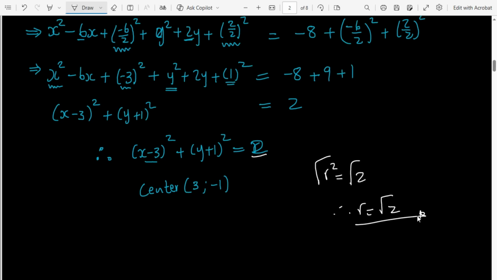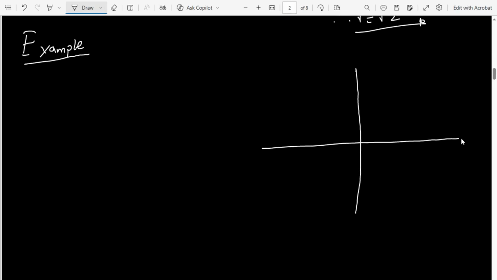Okay, let's keep on working on more examples. Let's say we have this example here. If I have a circle like this, this is my x, this is my y.